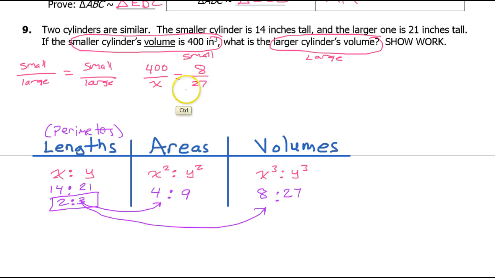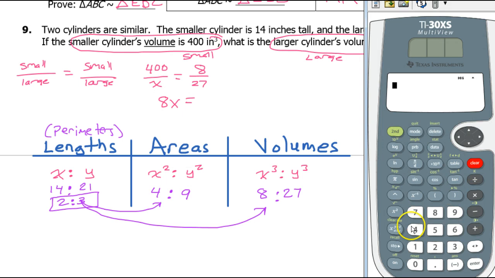And then you just cross multiply like you've done 1,000 times. So along this diagonal, I'm going to have 8x. And looking at the other diagonal, I have to do 400 times 27. So that is 10,800.